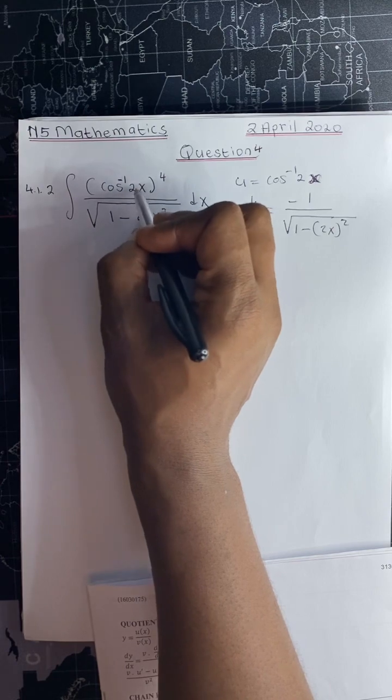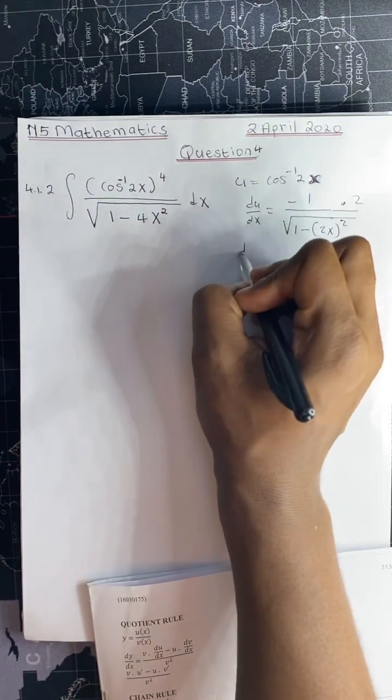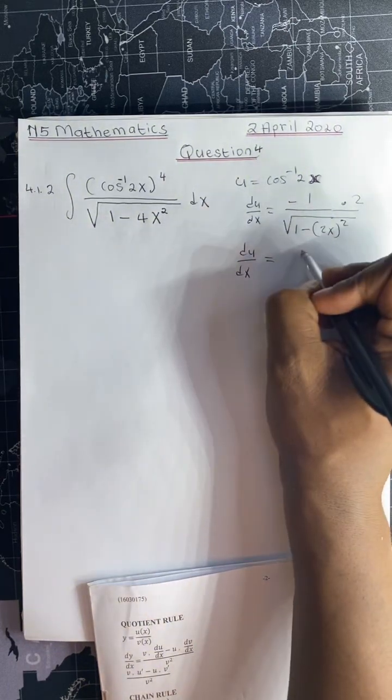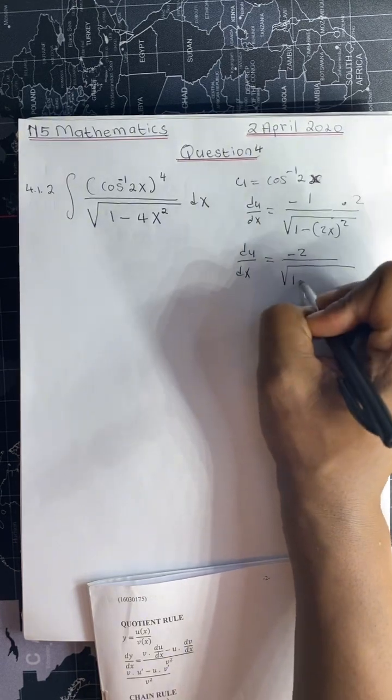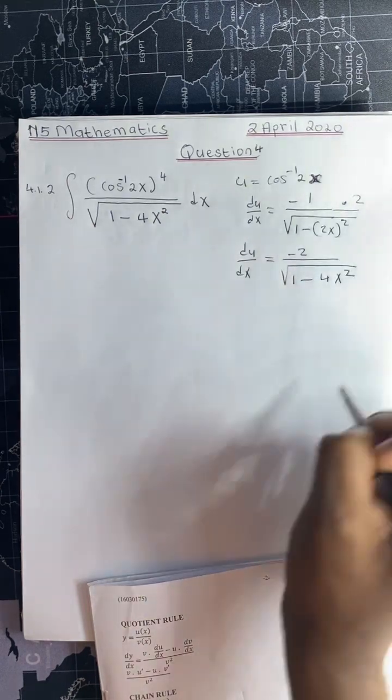So the derivative of 2x will be equal to 2. So du over dx is equal to negative 1 multiplied by 2, which is negative 2 over the square root of 1 minus 2x squared, which is 4x squared.